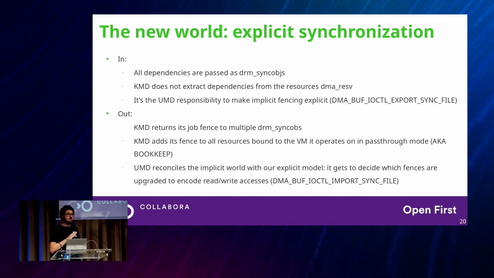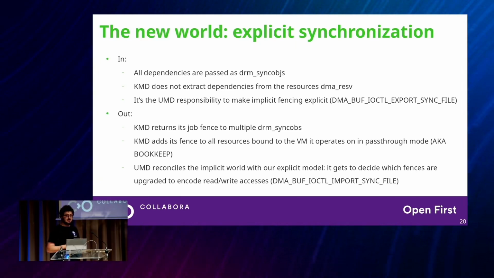So by default, we don't wait on any implicit fences that are attached to buffers. That means that the user mode driver has to figure it out on its own. The kernel mode driver does extract the fences that are attached to the reservation object still, but when it does that, it checks if those need to be waited on or not. And by default, there's nothing that needs to be waited on there.